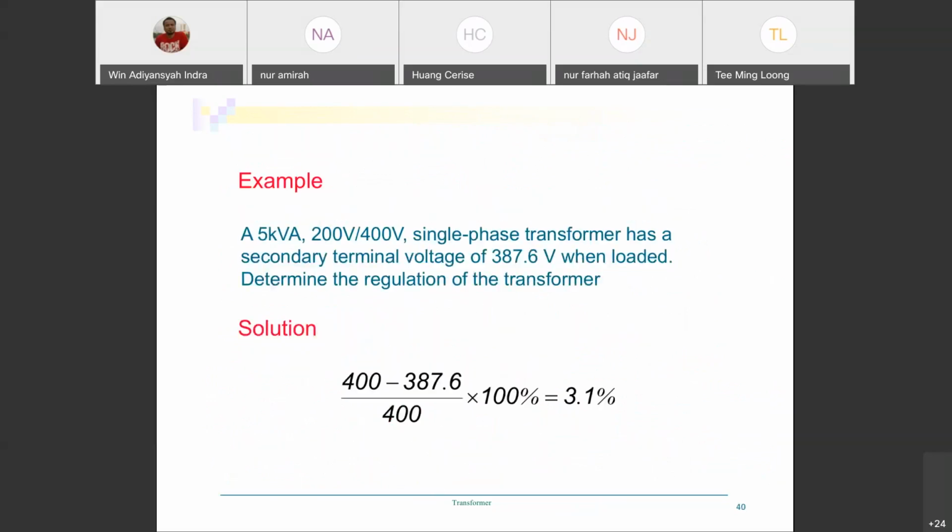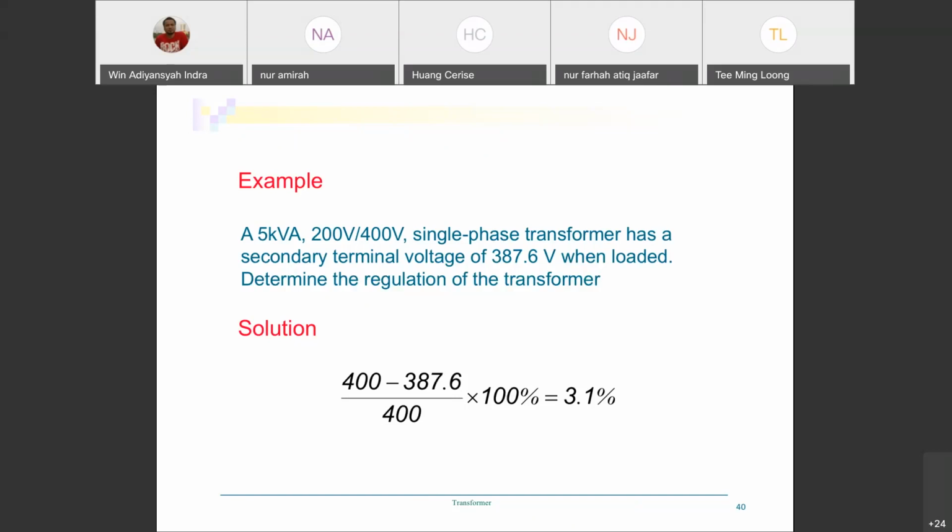Voltage regulation. If you read the slide, voltage regulation of a transformer is defined as the variation of secondary voltage between no load and full load. Okay, no load and full load.